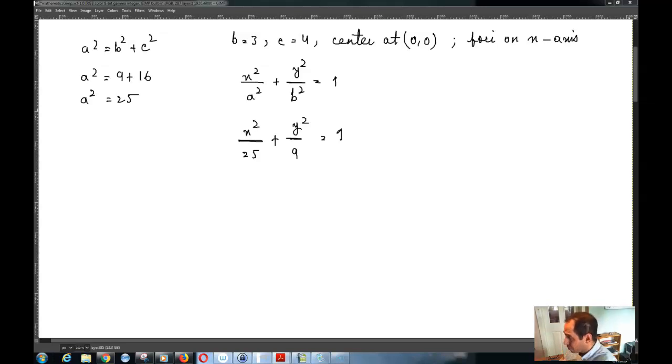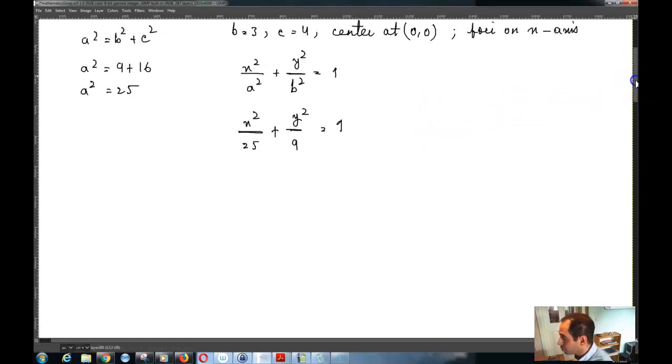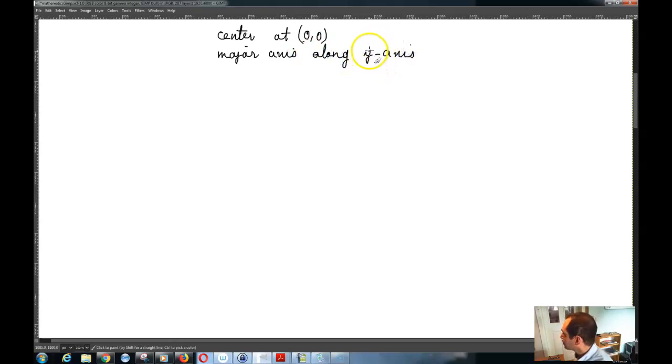And there is one more type of problem that we can probably do, at least one of them. So for example, you know that your center is at 0, 0, and the major axis is along the y-axis, and the ellipse passes through these points, 3, 2 and 1, 6.